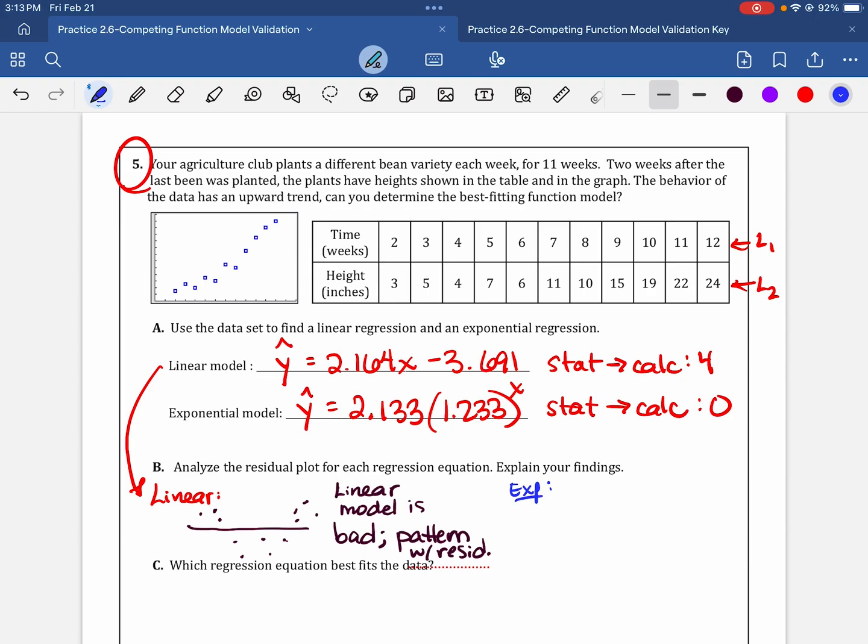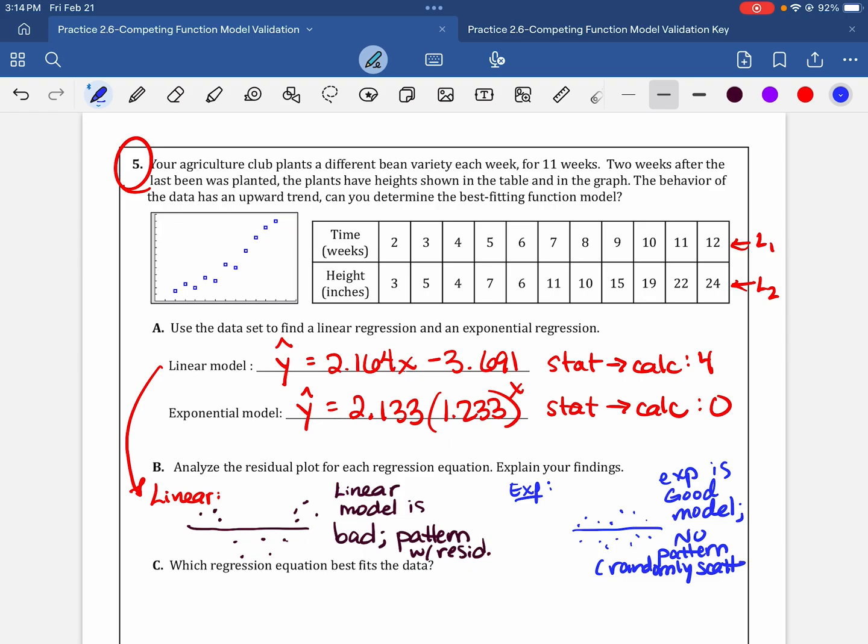All right, and then with the exponential, I saw that the pattern was kind of evenly spaced on both sides. No pattern showing. So it was a good, exponential is a good model because no pattern, and it was randomly scattered.